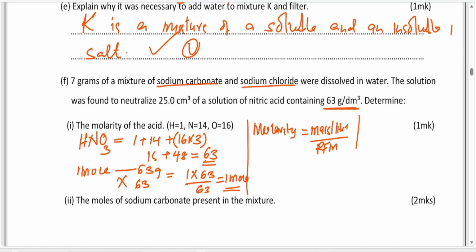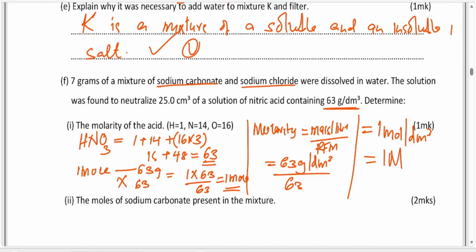That is the simplest way to do it. So I'm just going to have 63 grams per liter divided by 63, and I obtain 1 mole per liter. So this is just 1 mark.